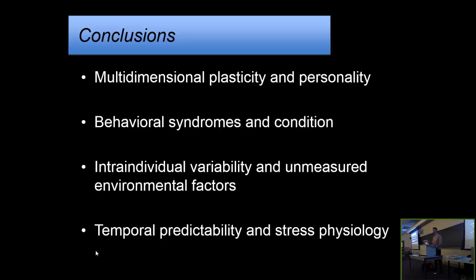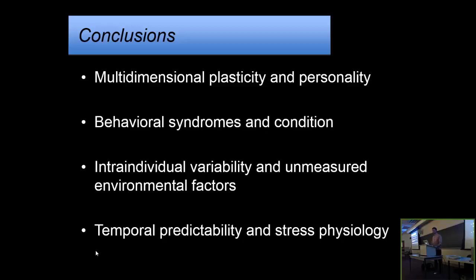For behavioral syndromes, we see the condition is important, but that the dynamics appear to be asset protection dynamics, which by themselves would not explain behavioral syndromes, suggesting that there might be something else going on in the system, such as some selective dynamic that might be explaining those consistent individual differences. But as we might expect for a hibernating species, condition is very important to this suite of behavioral traits.